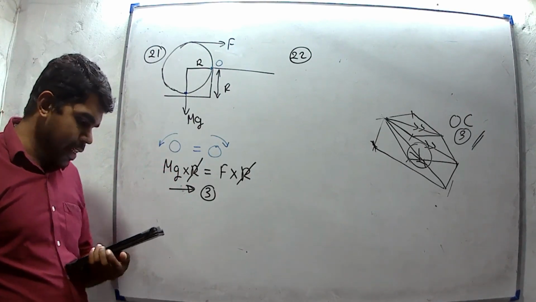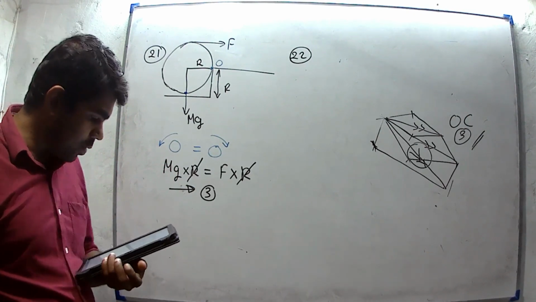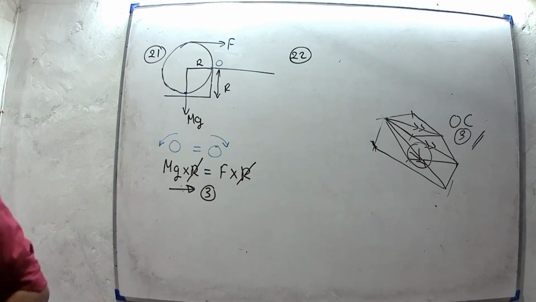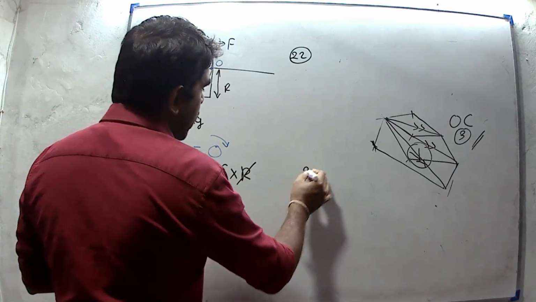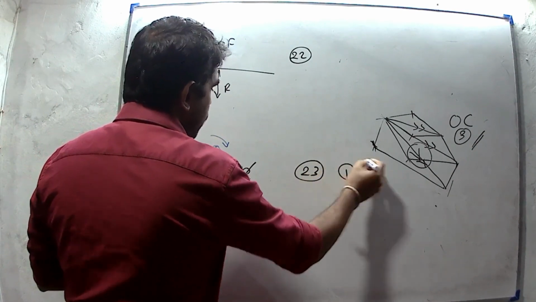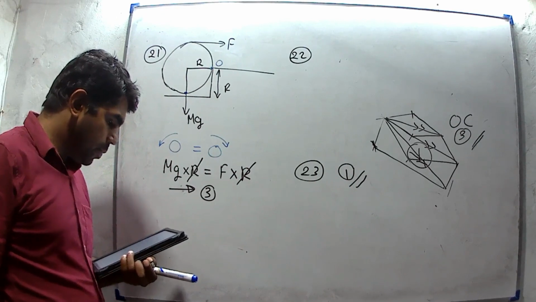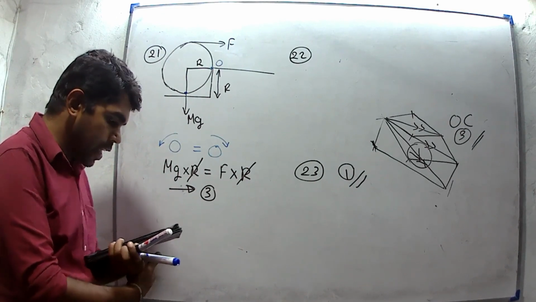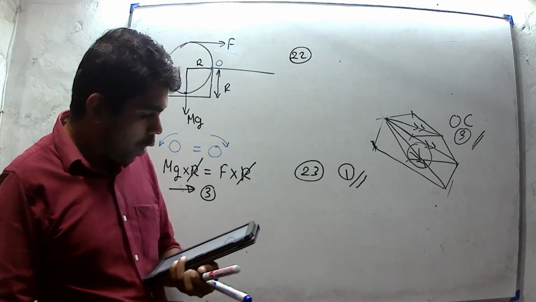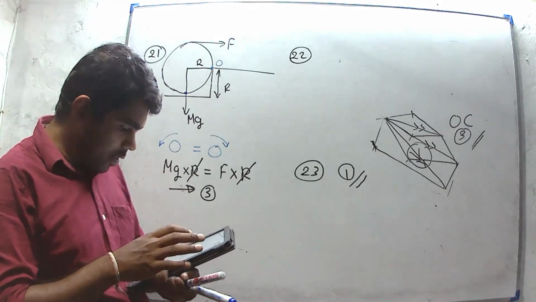In all four cases, the tension of the cord is 100 Newton. Therefore, the answer for question number 23 is 1. The tension of the cord does not depend on the angle represented in the figure. Therefore, all tensions should be 100.